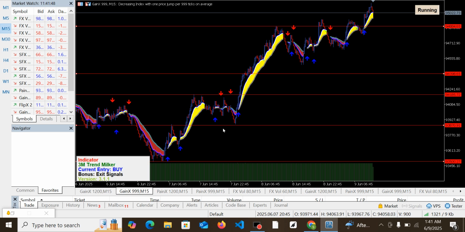As you can see at the beginning, I showed you all the support region that you can use to identify where to place your order in order for you to trade the spikes, because this is Gain X and the spikes usually happen around the support region. So I quickly highlighted all the support region on the charts in order for you to place your trade and wait for your spike to happen around there, okay?